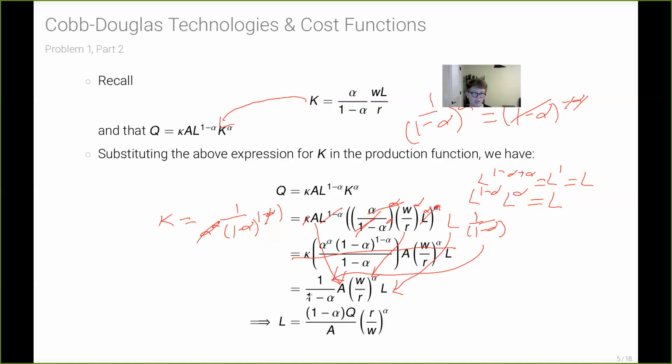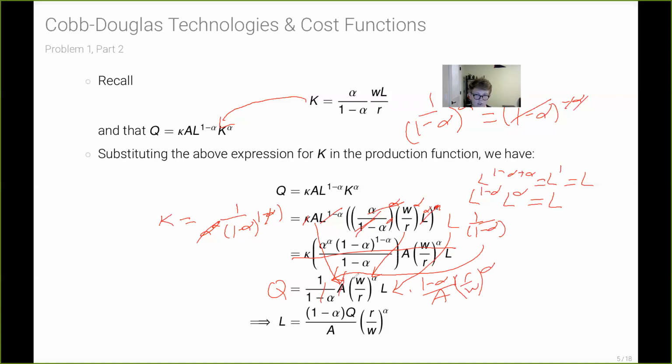Okay. And then all I need to do is write L by itself. So the way I can do that is I'm just going to multiply all of this by its inverse. And so I'm going to multiply this side by 1 minus alpha over A times R over W raised to the alpha.